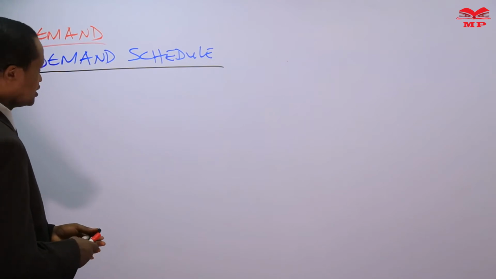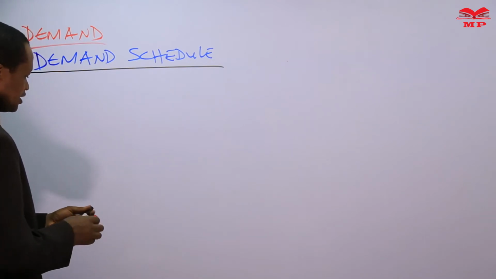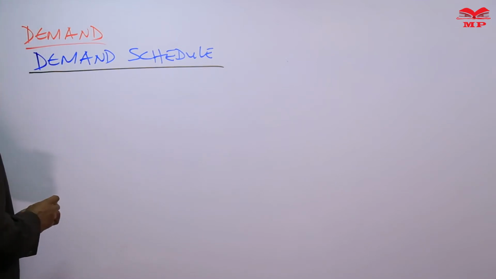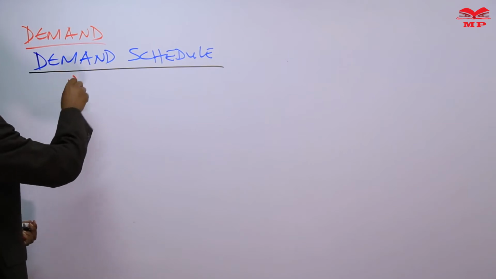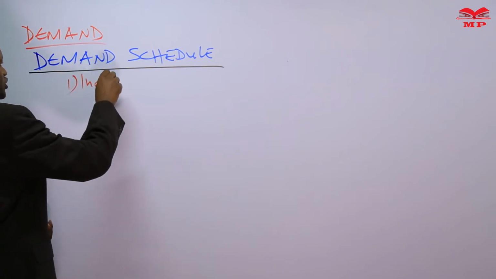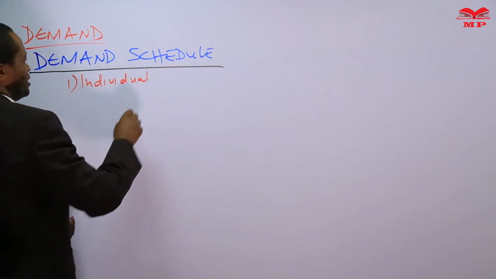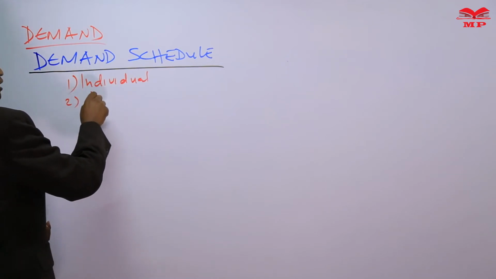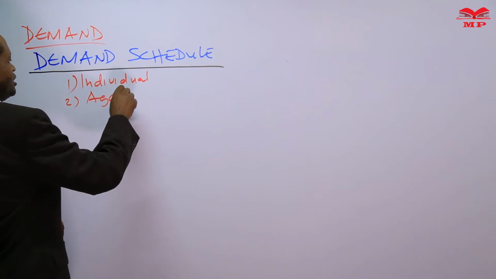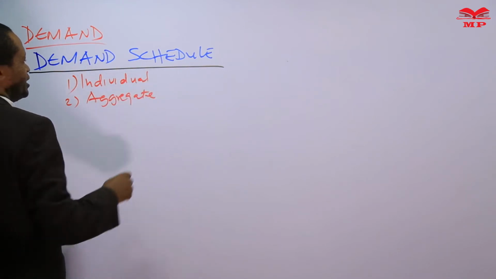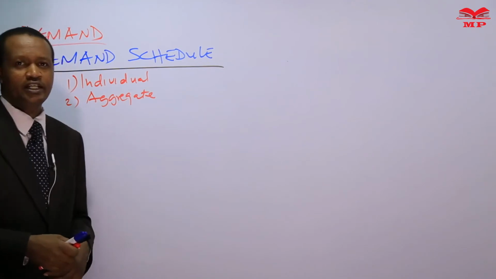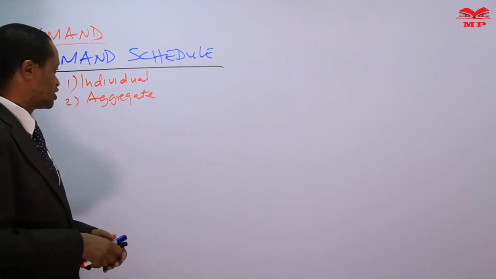In coming up with the demand schedule, we may have two types: number one is an individual demand schedule, and number two, an aggregate demand schedule.